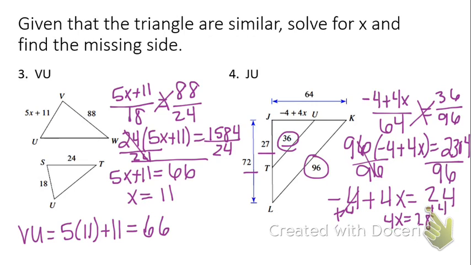And then divide by 4, and x is 7. But again, our problem wants to know JU, so we have to plug that back in. So negative 4 plus 4 times 7. And then that gives us 24.